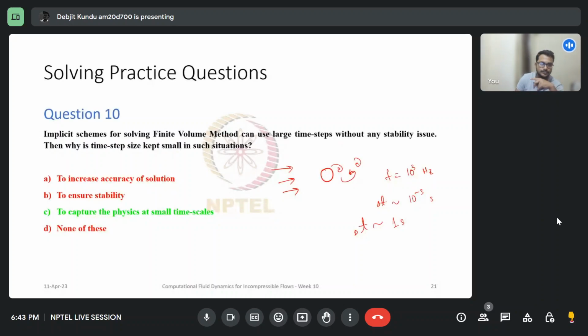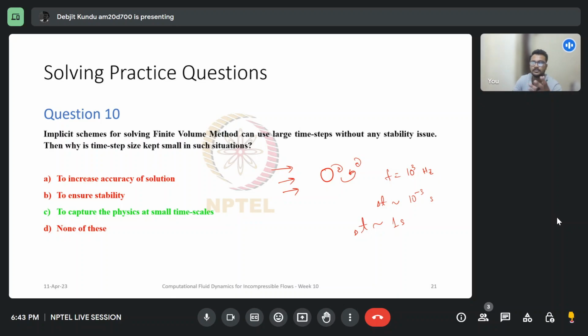I won't be able to visualize the vortices being generated, becoming unstable and being shed from the attached wake and all that. So I lose all the interesting phenomena going on within the system if I use a large time step.